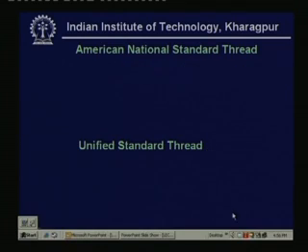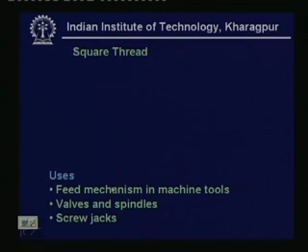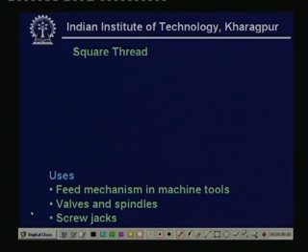Then the next type is the square thread. Now, the square threads are used in various machine parts. The square threads, as the name suggests, the profile is square.